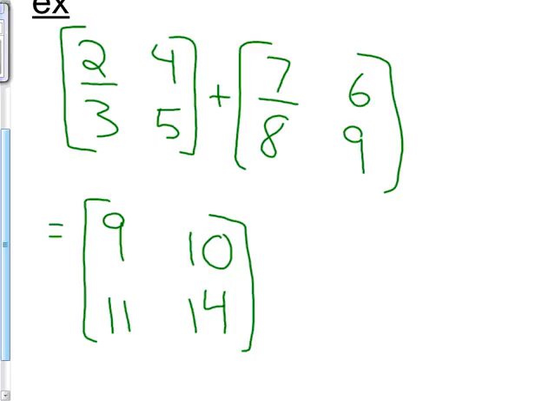Same thing with subtracting, other than we just subtract our numbers. This guy gets added to this guy, here, here. Alright, so that's basically adding and subtracting.